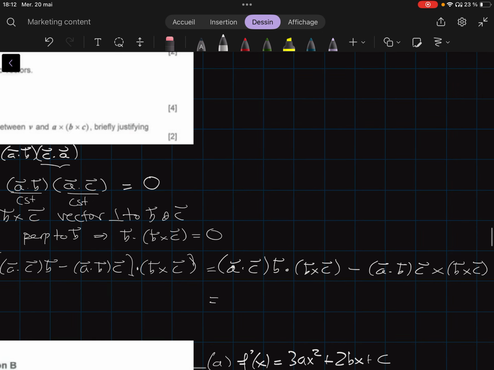We just showed above that B dot B cross C is equal to 0. And similarly, C dot B cross C is also going to be 0 for the same reason. B cross C is perpendicular to C, so C dot B cross C has to be 0.